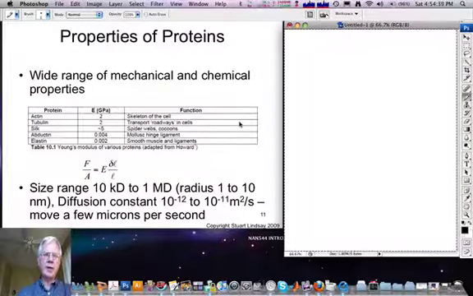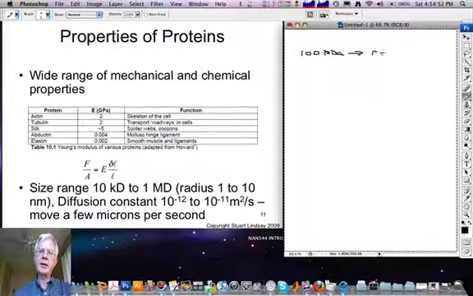Turning now to the diffusion of proteins, let us consider again our typical 100 kilodalton protein, for which we had calculated the radius to be 3 nanometers.